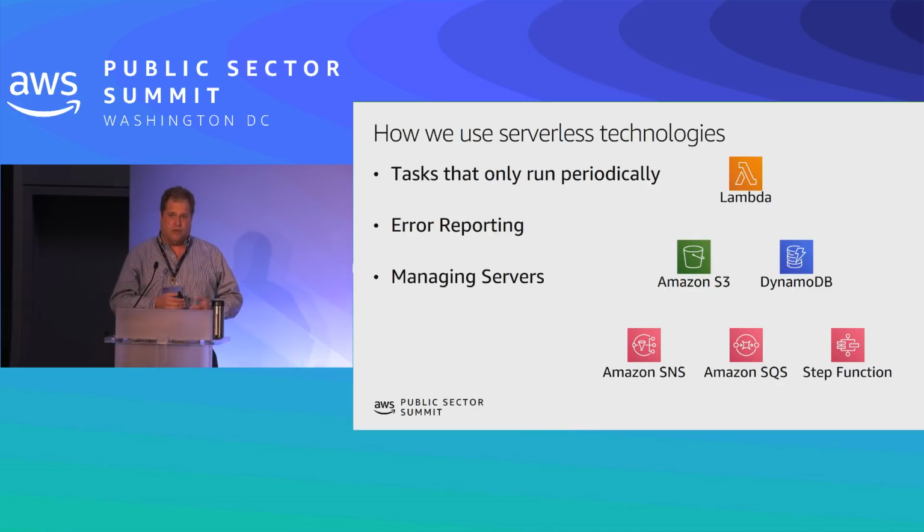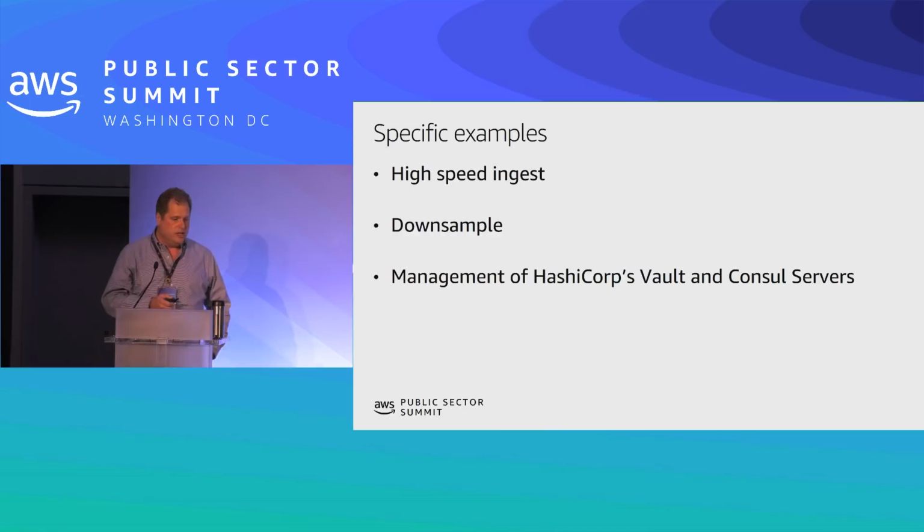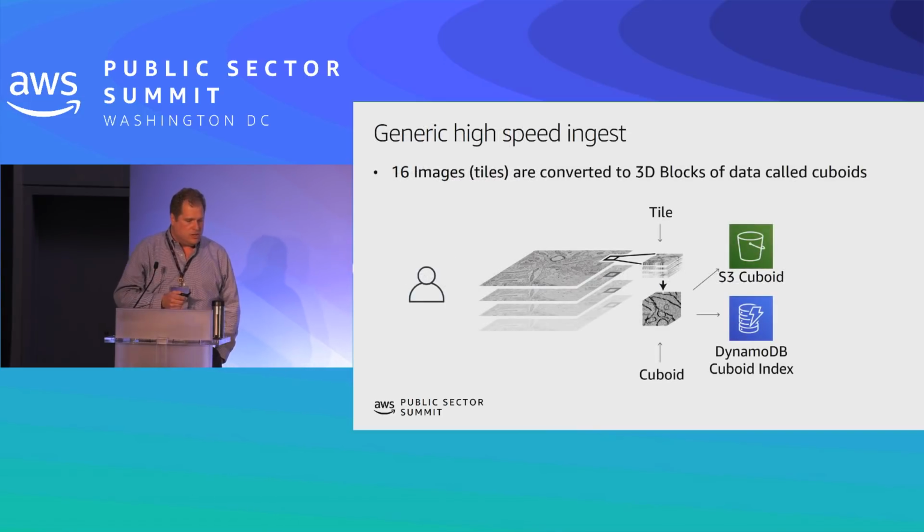And managing servers: when there is a possible issue, we keep it from progressing into larger problems. We're going to go over 3 specific examples of using serverless: high-speed ingest, downsample, and HashiCorp's Vault and Console servers. We'll explain all of those in just a few.